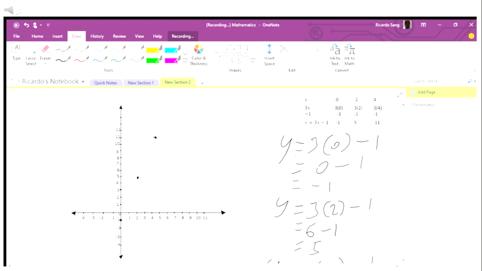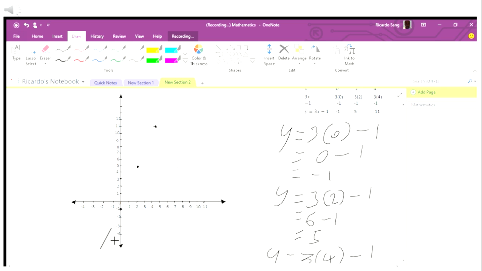Alright, so now remember that the line y equals 3x minus 1 is not a part of the set, so you have to use a broken line. And let me see if we can try to break up the line. It starts about here. That looks about right.